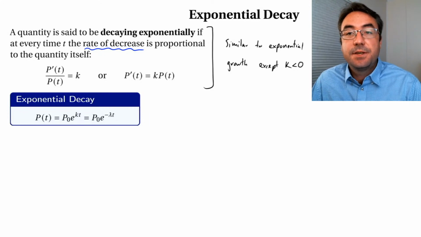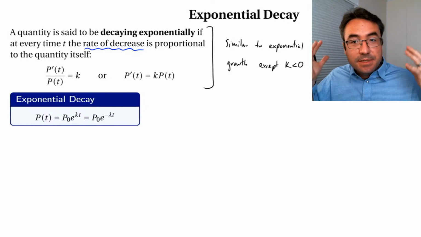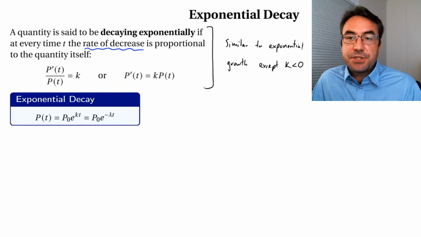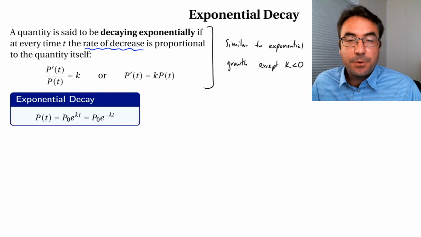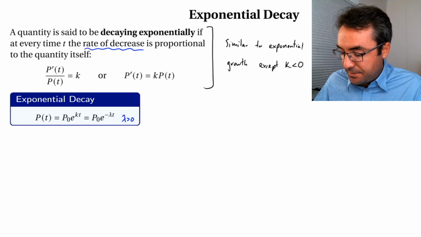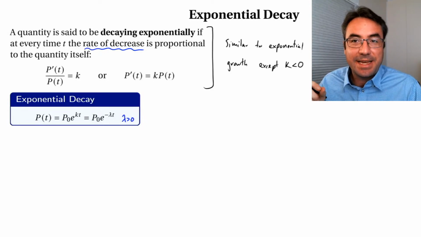It says p of t is equal to p0 times e to the kt. Exact same function. But a lot of times, to really stress that the exponent is negative, we rewrite that as negative lambda times t, where lambda is positive. So that's just really to stress that our exponent is negative. Negative lambda times t.